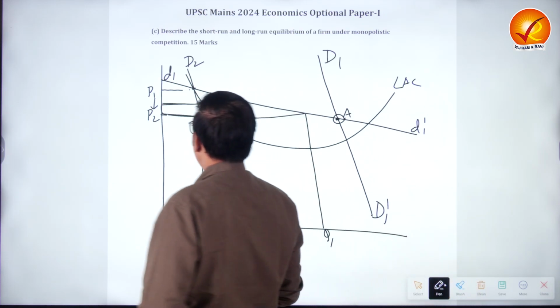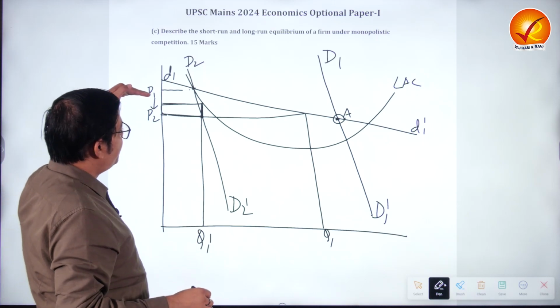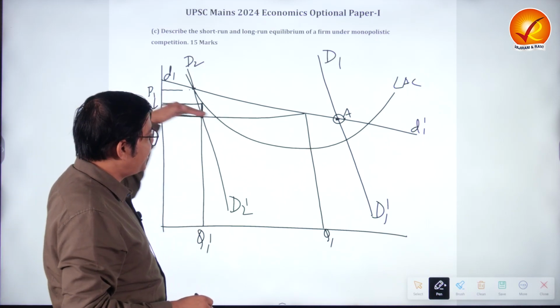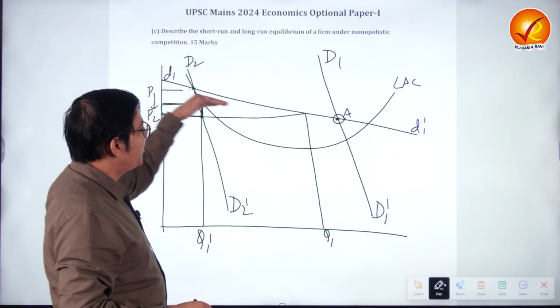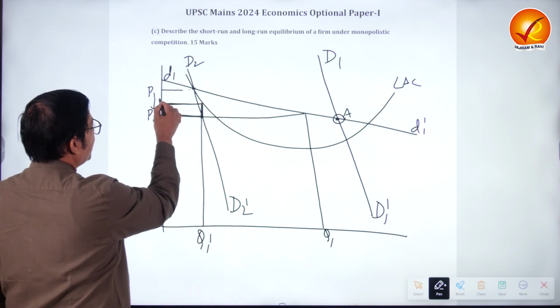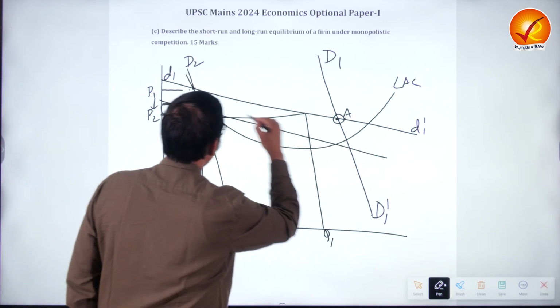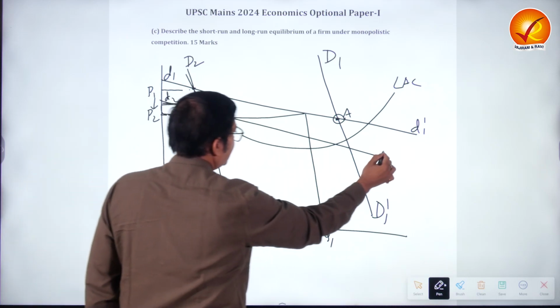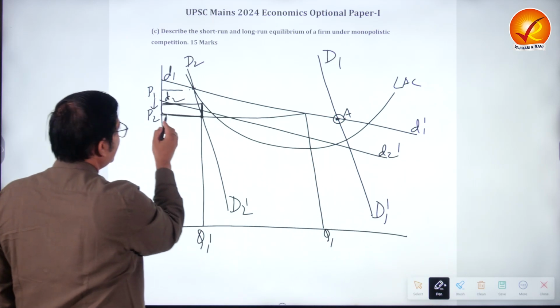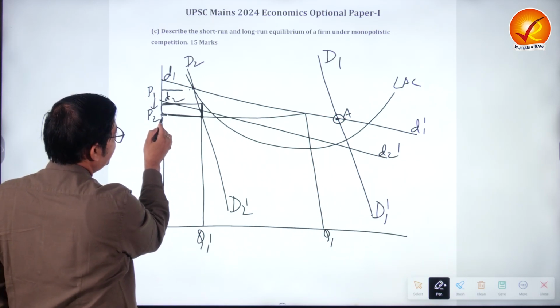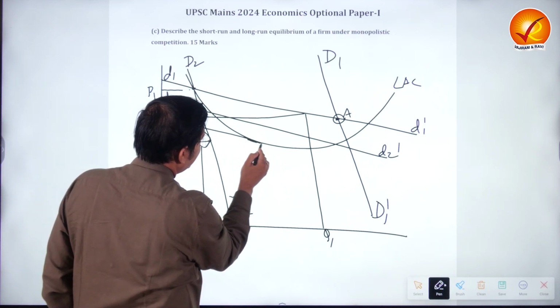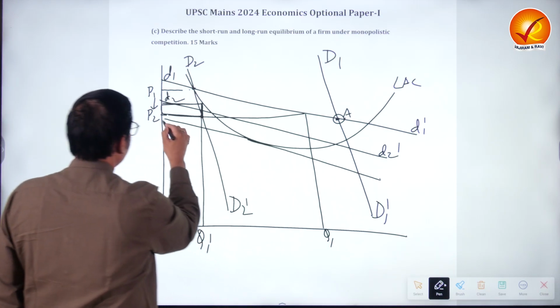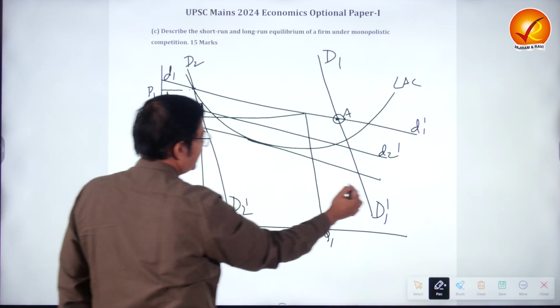So it is due to this reason that the perceived demand curve keeps on shifting down, say from D1, D1 dash to some other point, call it D2, D2 dash. And this continues till it is tangent to the LAC, something like D3, D3 dash.